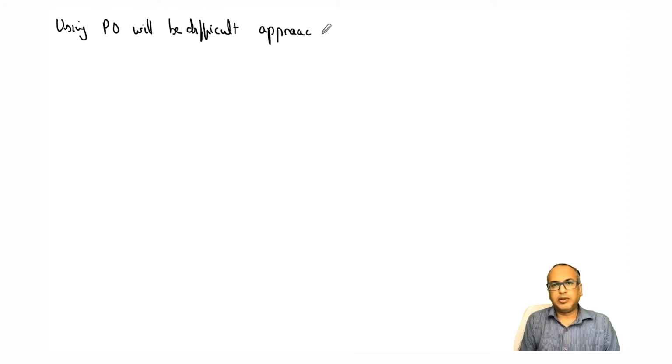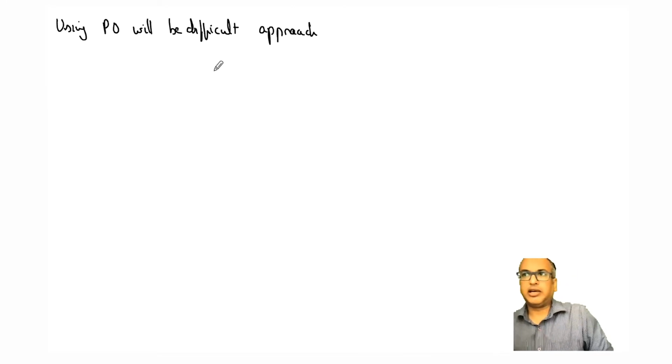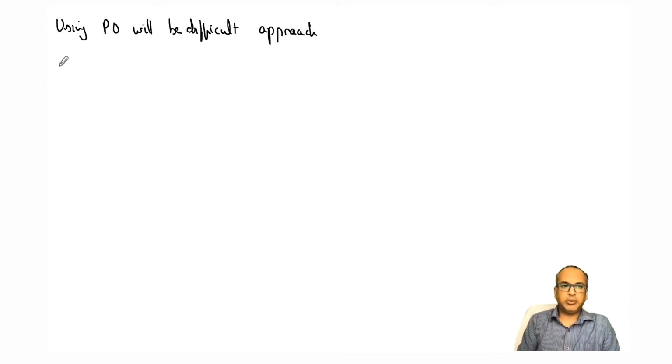So now using the projection operator will be a difficult approach here, because we are dealing with a triply degenerate representation. Already in the case of doubly degenerate, we have seen how difficult it is to find the second or third SALCs, which is not really trivial. So we will try to look for an easy approach.